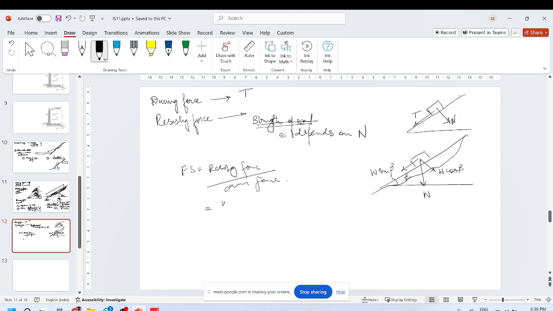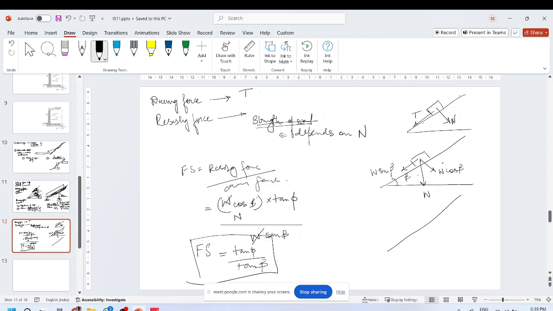This can be written as W cos beta, which is N, tan phi over W sine beta, which basically gives us the simplest factor of safety, tan phi over tan beta.